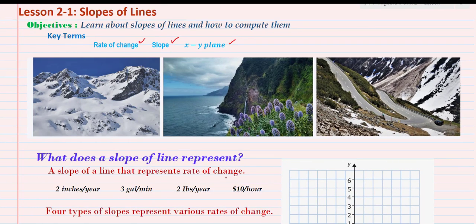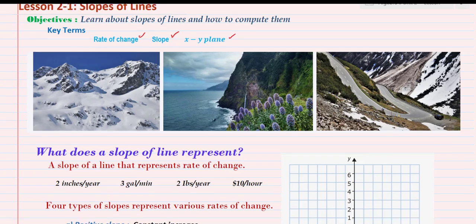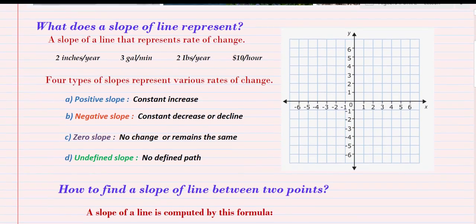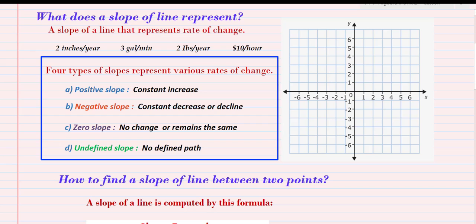Now, there are 4 types of slope that represent different types of rates. So let's look at those. When we talk about slope, we are using 2 points to represent it. For example, we have a positive slope.